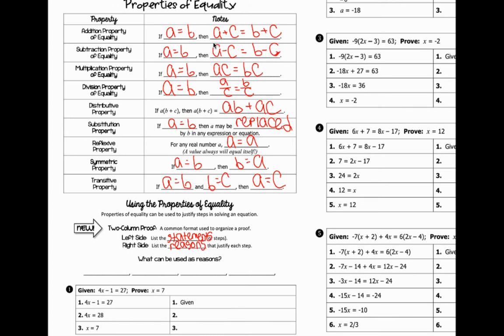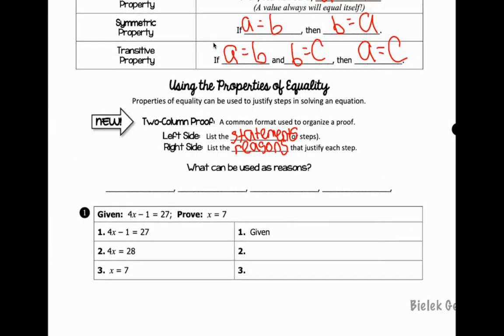So what types of things can be used as reasons? So you can use properties, like the properties above, definitions, postulates, so like we had in section 2.4, all those postulates, and then theorems.